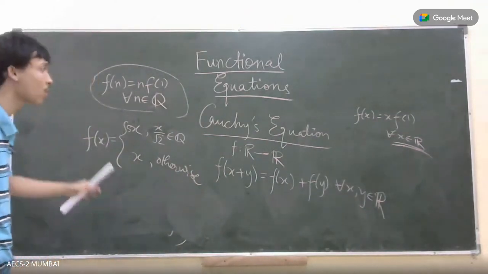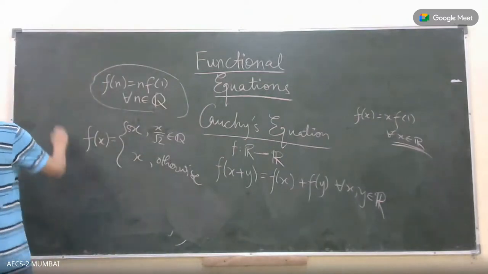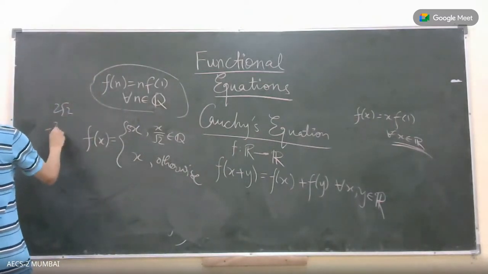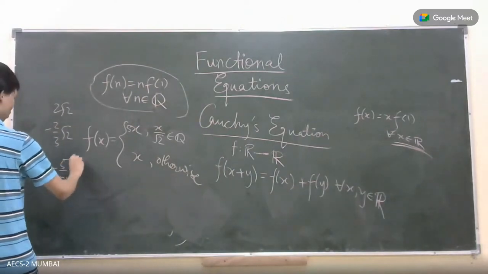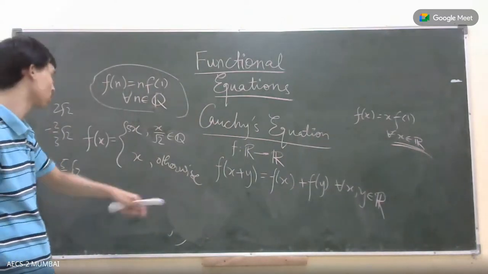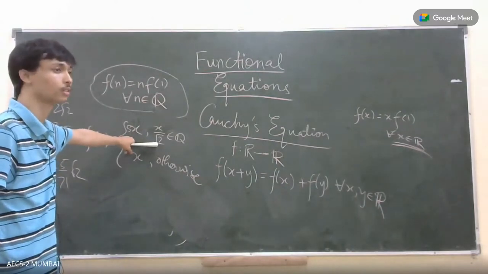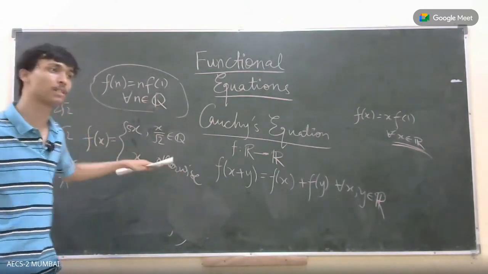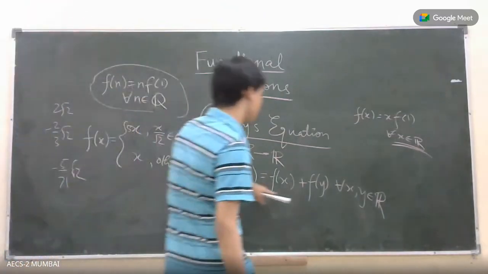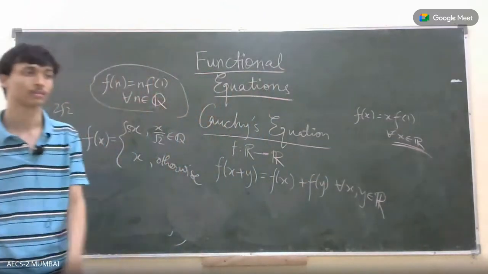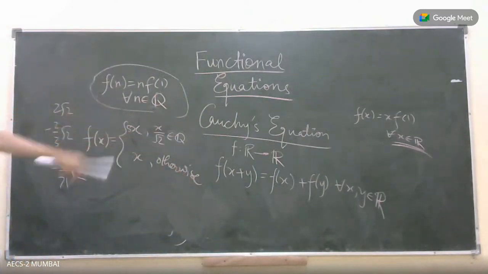What I did was that for all rational multiples of root 2, so root 2, minus 2 by 3 root 2, minus 5 by 7 root 2, for all rational multiples of root 2, I define f to be 5x. And for all other numbers, I define it to be x. You can check that this function also satisfies it. Can anyone tell me why?